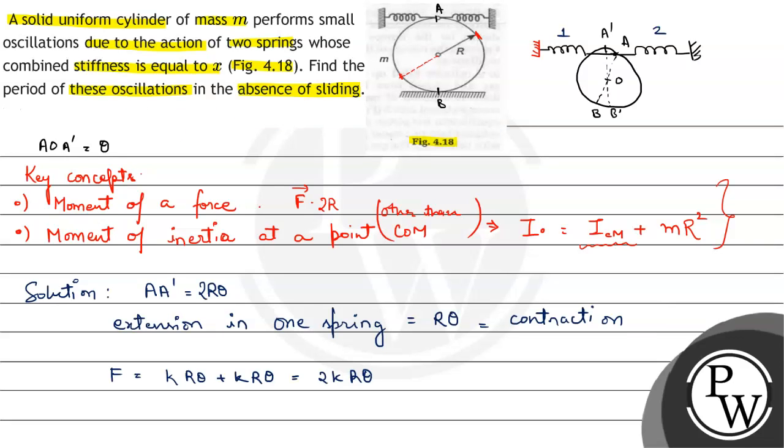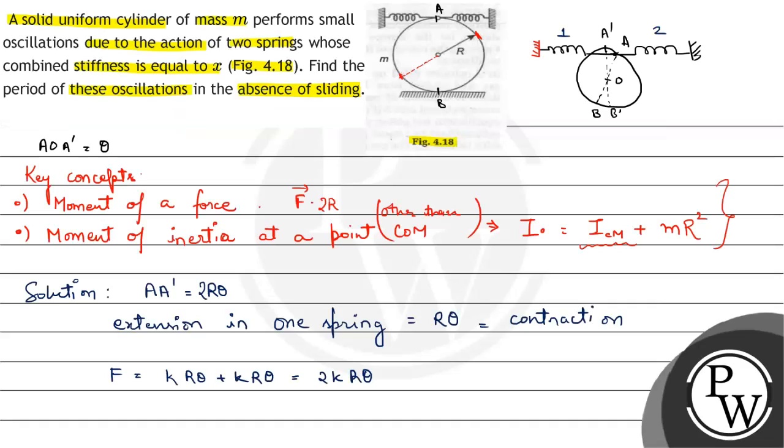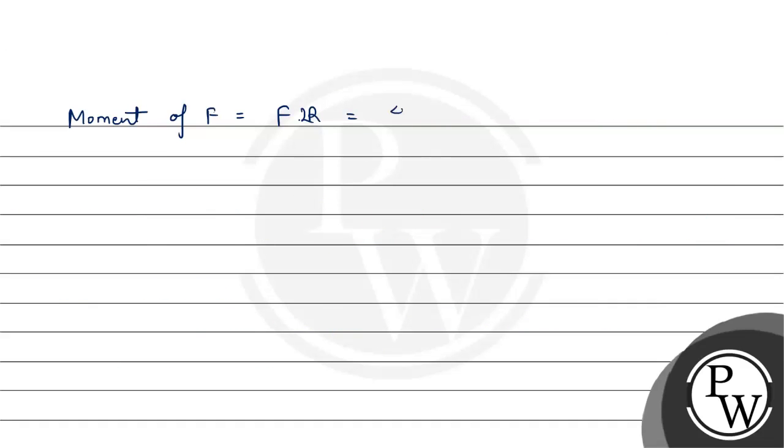Now in the next part we can write the moment of this force. What will be the moment? So the moment of this force will be equal to F into, from our key concept, 2R. So it will be equal to F, we have found 2k, so it will be equal to 4k R square theta.